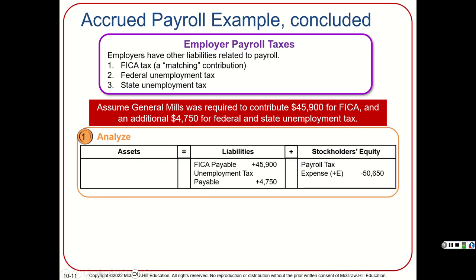So in this example, General Mills was required to contribute $45,900 for FICA and an additional $47.50 for federal and state unemployment taxes. So this FICA payable is the $45,900, and the unemployment tax is the $47.50. The payroll tax expense are these two items added together.